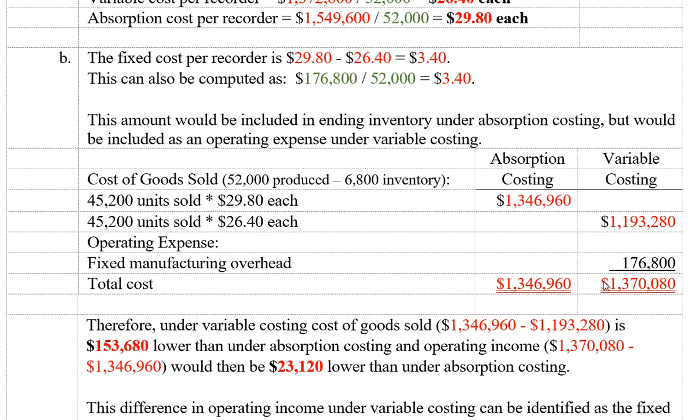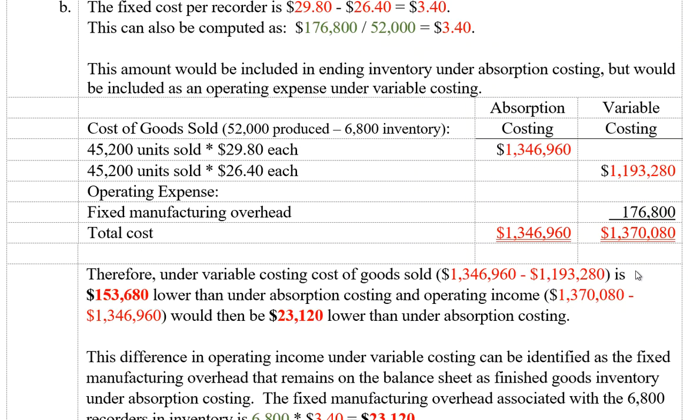But you'll see that when we take the fixed costs out of the actual product cost and set it aside separately, then we have to include that in an operating expense instead of in the product costing, because guys, there's still a fixed cost involved. It's just a set total amount.